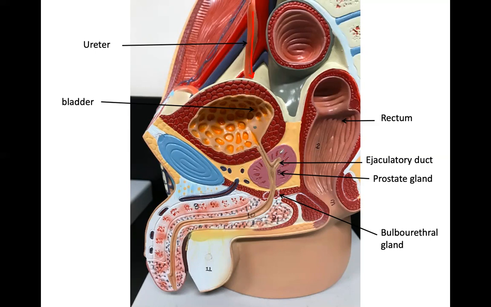What you also have in the posterior aspect of the bladder is the rectum, which is the end of the digestive system. Right underneath the urinary bladder, you have this organ. It is about the size of a chestnut and is referred to as the prostate gland. And you can clearly see the urethra passing through this.